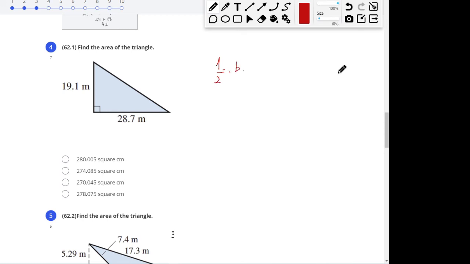Who is my half? My half is from the formula. The half is the same as saying divided by 2. My base is 28.7. And who is my height? 19.1.